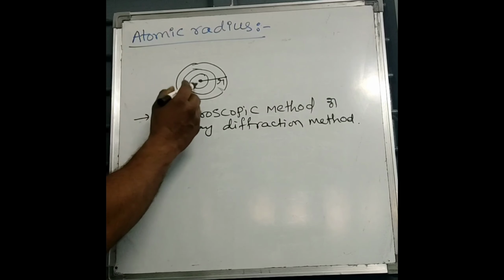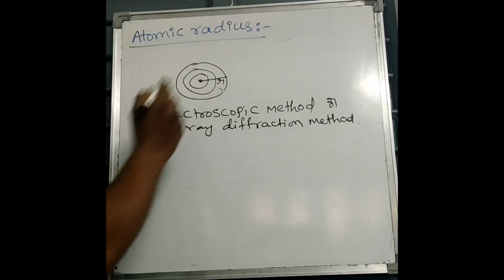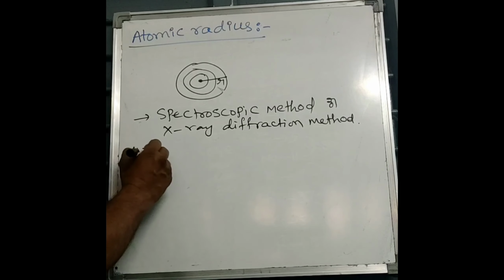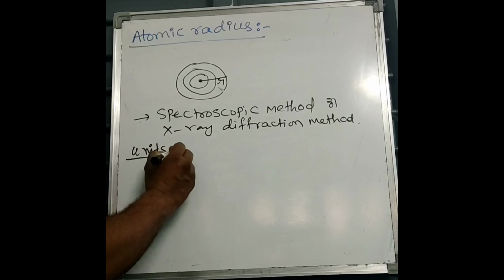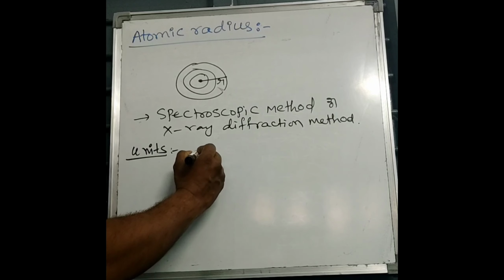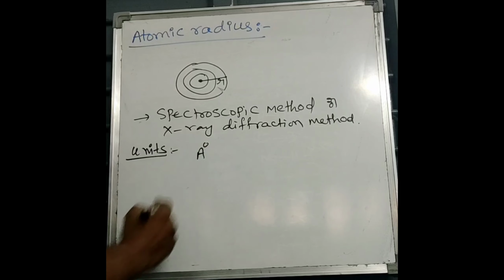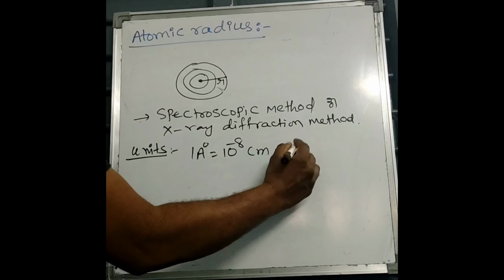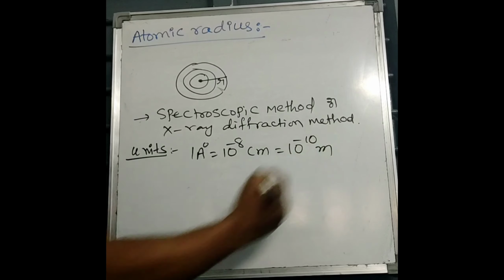Atomic radius is the distance between the center of the nucleus and the outermost orbit. And what are the units for atomic radius? Generally, the unit for atomic radius is angstrom. 1 angstrom equals 10 power minus 8 centimeter or 10 power minus 10 meters.